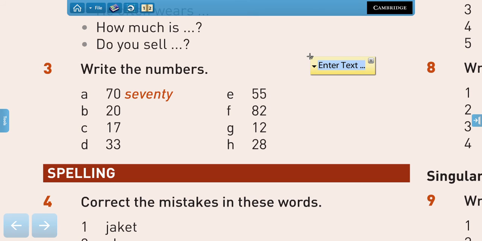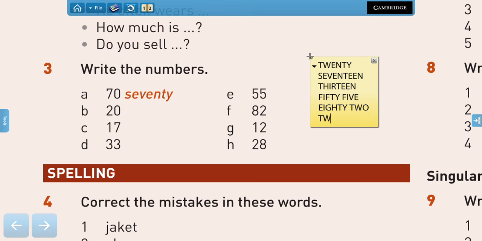We have 70, 20, 17, right? 17. 13, 55, 82, 12, and 28. Did you have them all correct?